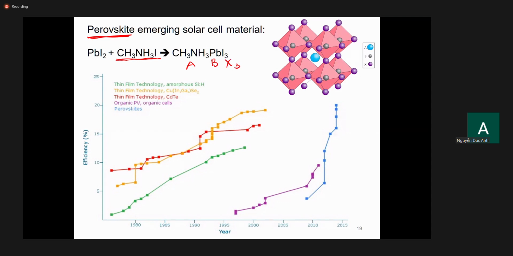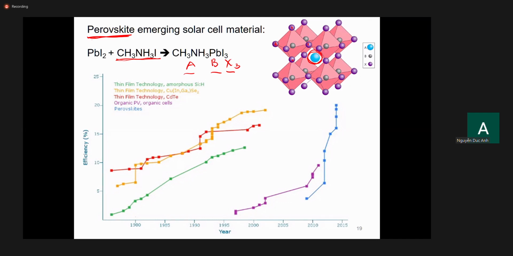Okay, so do you see here that we can control very easily the part of A, also B, also X here, in the structures, and they generate a crystal, something like that. You see B and X will form a kind of octahedrons, and they block A inside, a very big pore inside, and A will sit there.